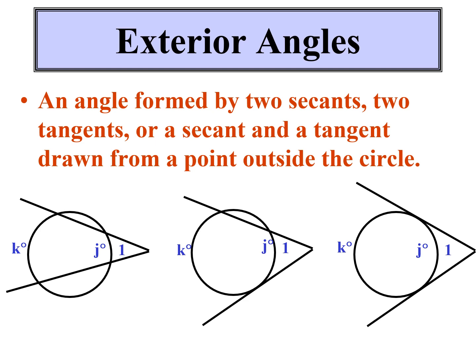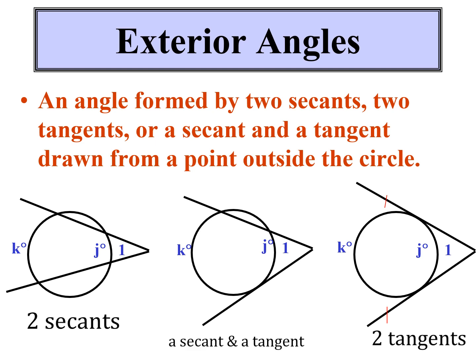So let's move on to exterior angles. An exterior angle is an angle formed by two secants or by two tangents, and under two tangents, these lines are congruent. It is also formed by a secant and a tangent.